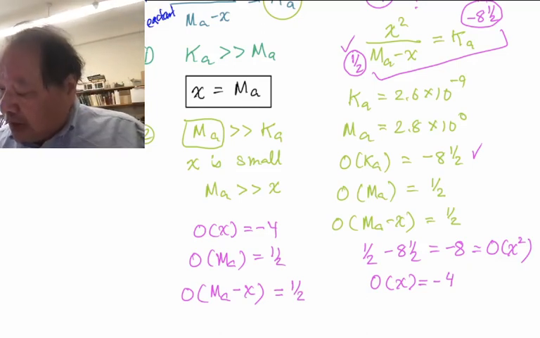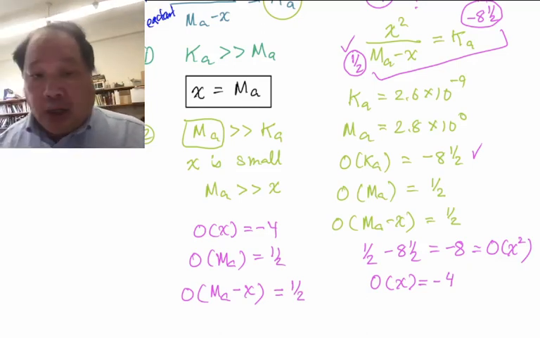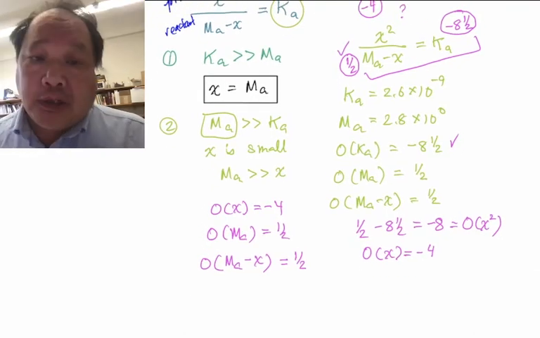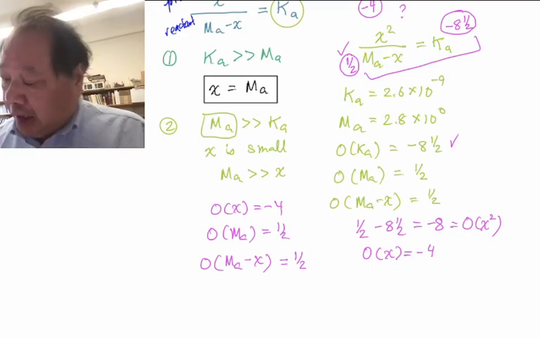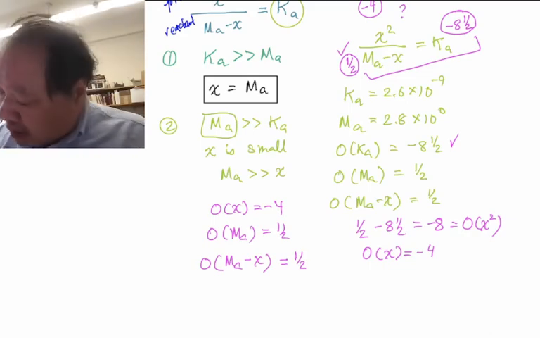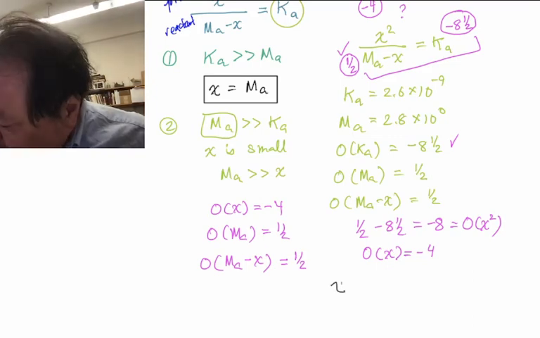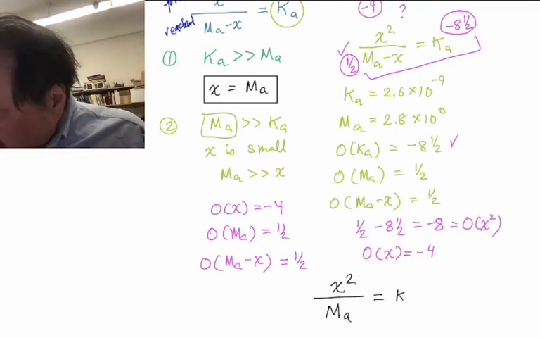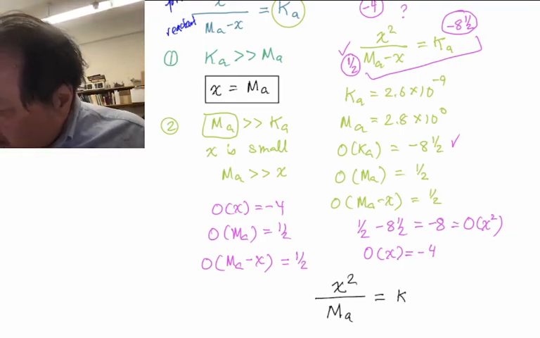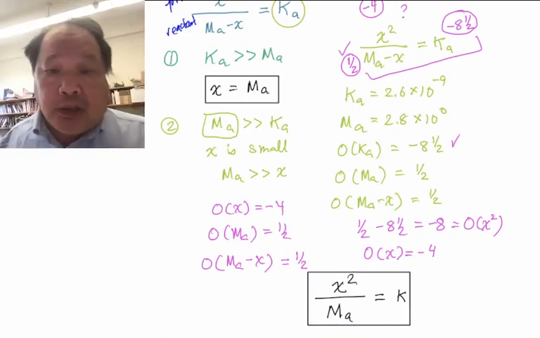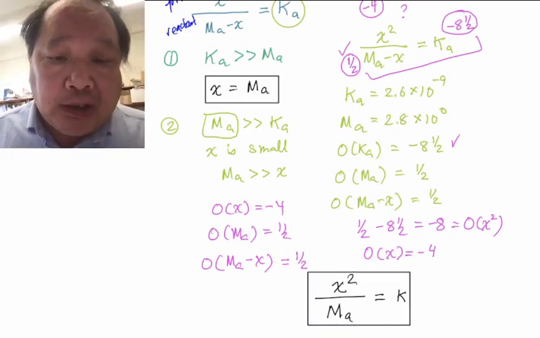And so in the scenario where Ma is much, much bigger than Ka, the equation X squared divided by Ma minus X simplifies to this form. We can ignore the X in the denominator, and we can find the value of X from the equation X squared divided by Ma equals Ka.